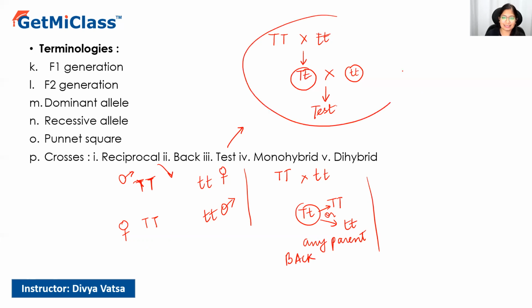Monohybrid cross, this is an example of a monohybrid cross, where only one characteristic or one trait is taken. Dihybrid if two traits are taken. We have already studied this in detail. When two characteristics are taken, then it will be a dihybrid cross.